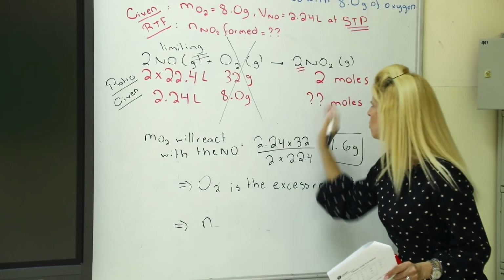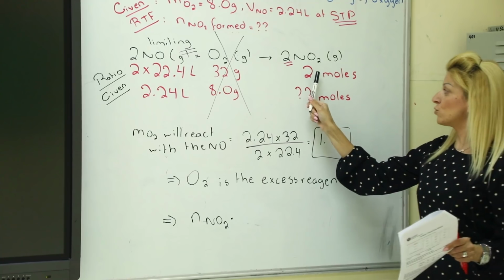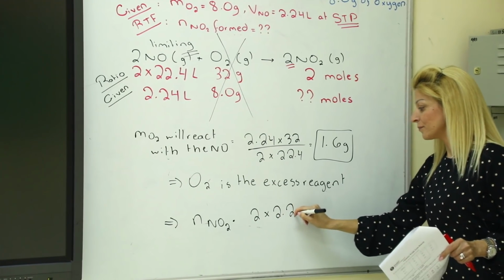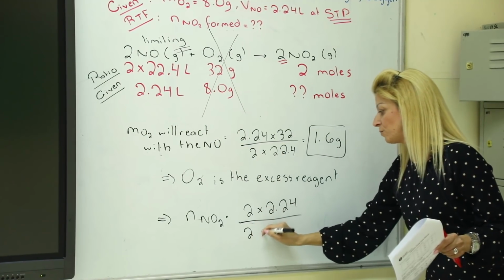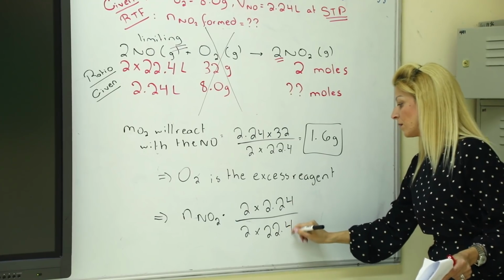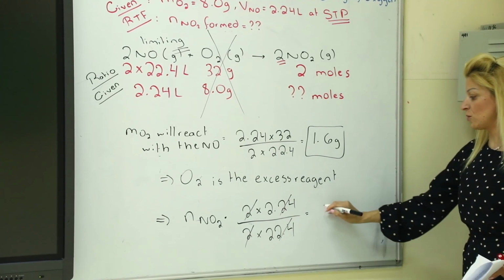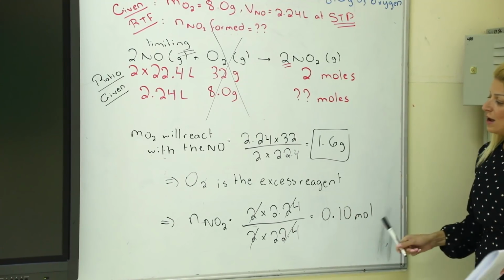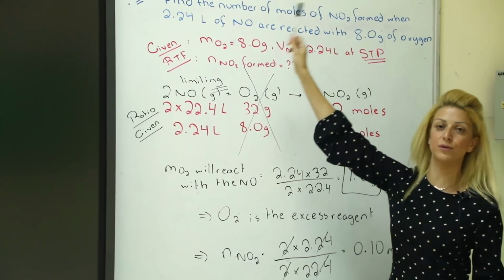So the number of moles of NO2 formed will be 2 times 2.24 over 2 times 22.4. So these cancel out. This is going to end up to be 0.10 moles.